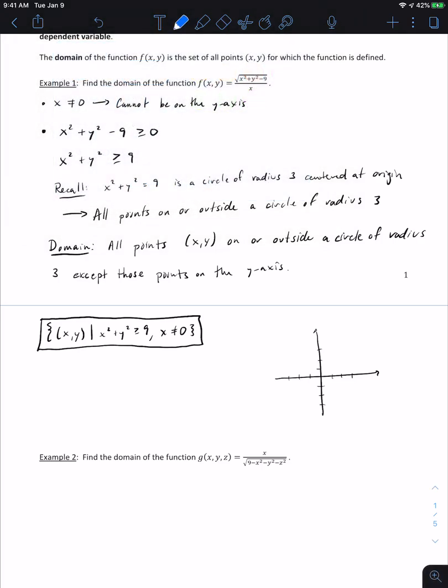And so if I were going to draw what the domain would be, I know I can't be on the y-axis, and I know that I have all these points on the circle of radius 3. I know that I can't be inside of that circle, so I'm not going to fill it inside, and I also know that I can't be on the y-axis, so that's why I'm going to put dotted lines there.